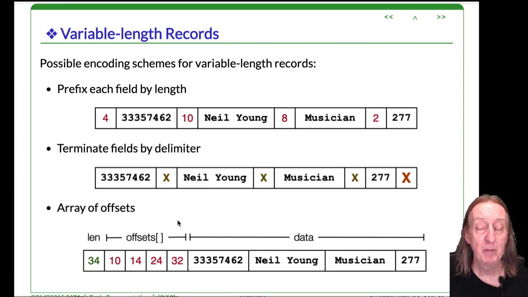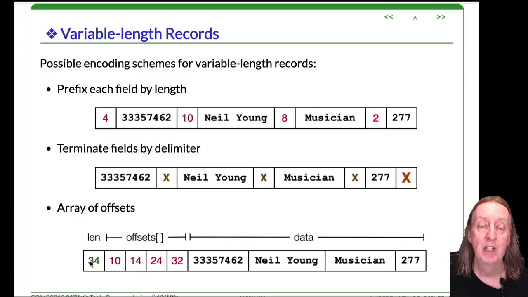And the final possibility is to put the information at the start of the record and then have all the data afterwards. So the overall length of the record, which includes all of this, including the header, is 34 bytes. The first field starts at offset 10. So imagine that each of these things is 2 bytes.